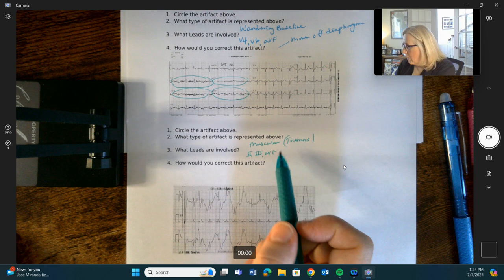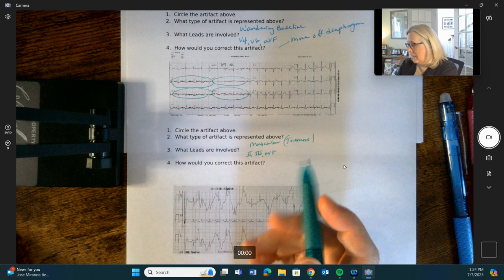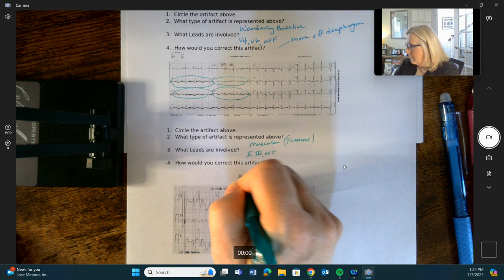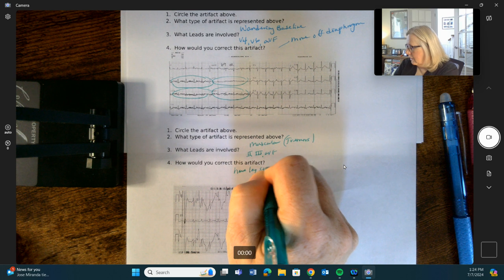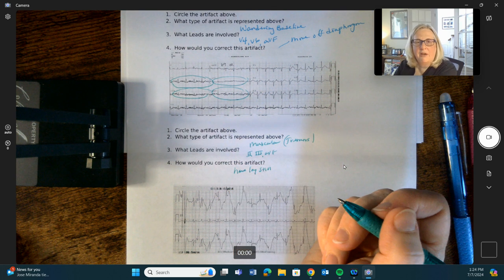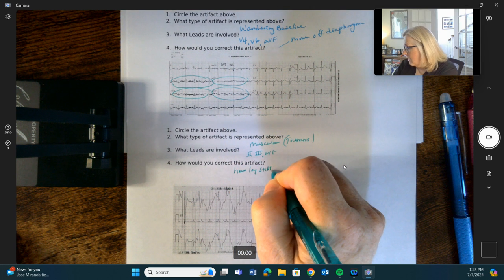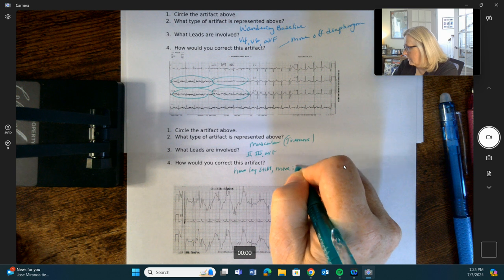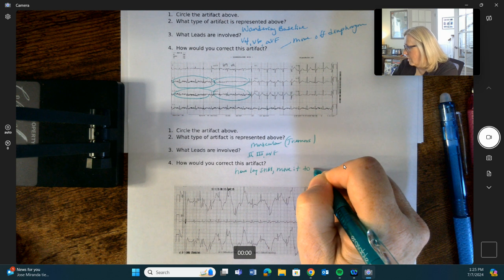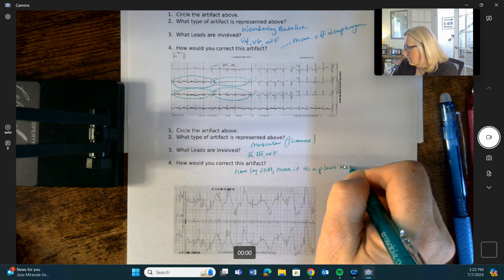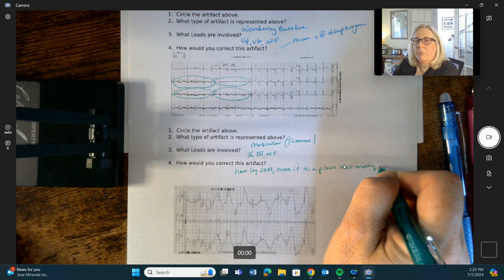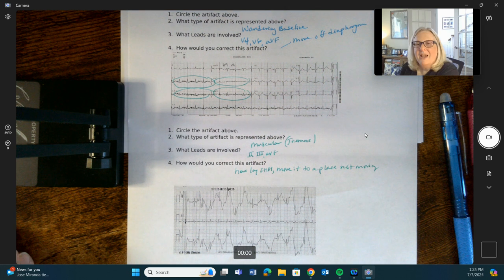Okay, so how to correct this is we're going to have them lay still. Hopefully that works. If that doesn't work, laying still, we may have to move it to a place that's not moving or not prone to movement. Most Parkinson's people, again, if their arm or leg is moving, they really don't have any control over it.